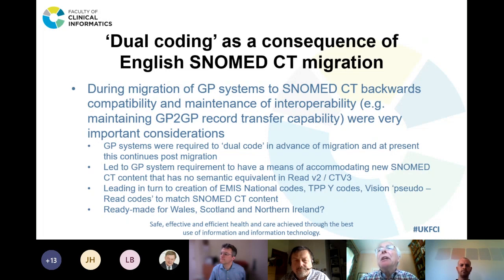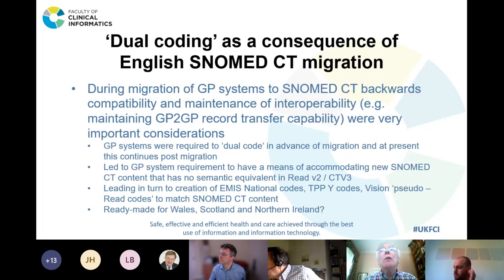And that dual coding means that now that new SNOMED CT content is being added, those same suppliers need to maintain that dual coding. They clearly can't use a CTV3 code or a READ code, so they have to create their own system-wide national codes, EMIS national codes, TPP Y codes, Vision pseudo-read codes.